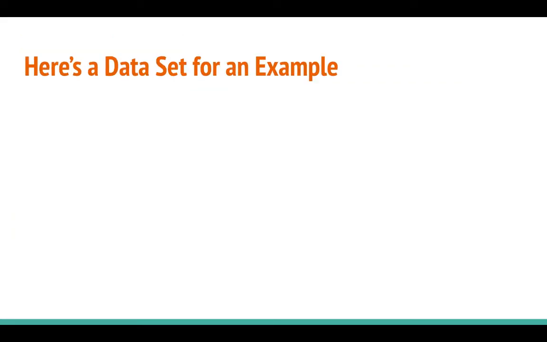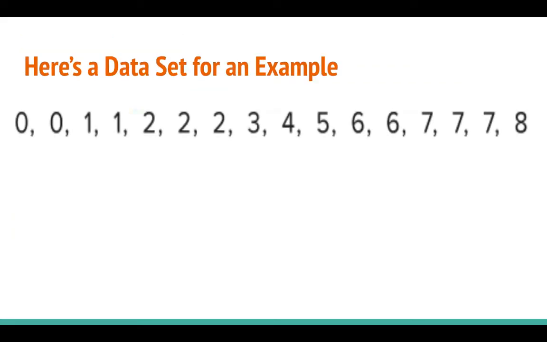Okay, we're going to look at a data set to start. Here is a big data set, lots of numbers, in order from least to greatest. First off, we're going to find the median. So you always want to start your assignments this week by finding the median. If you don't remember, the median is the middle of a set of numbers when they're in order from least to greatest.